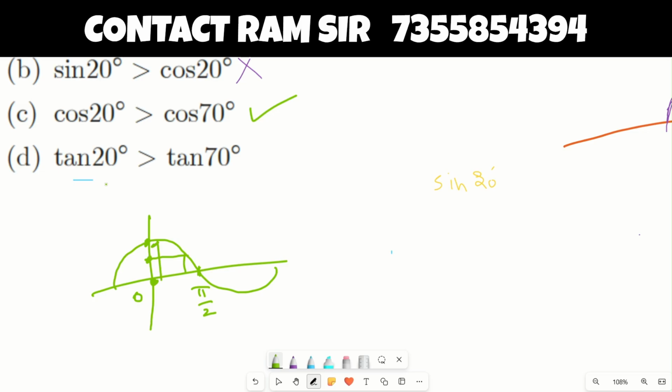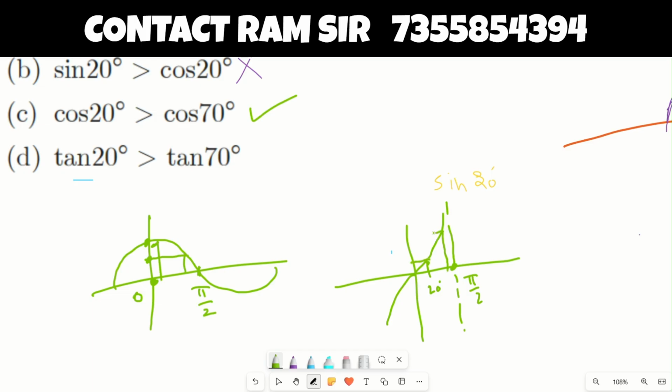And if I am talking about tan 20 and tan 70, the graph of tan theta looks like this. If you know the graph very well, so this is pi by 2, and suppose this is tan 20 degree and here is 90 degree, so tan 70 is nearly like this.